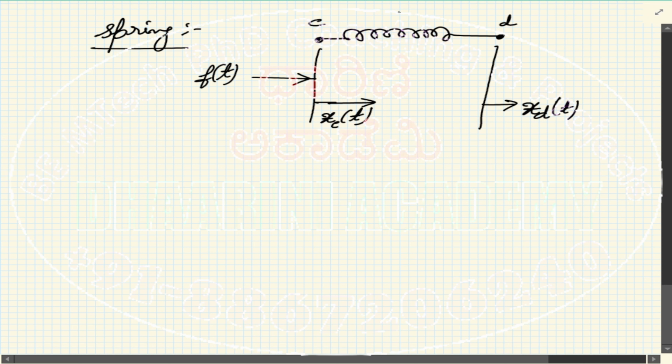All right, so let's move on to the third element, and that element is called a damper. Okay, so the representation of damper is like this.